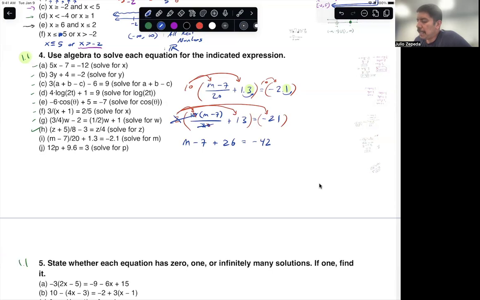So, combining like terms, negative 7 plus 26 is positive 19. And then if we subtract 19, m equals negative 61. Negative 61 is our answer.